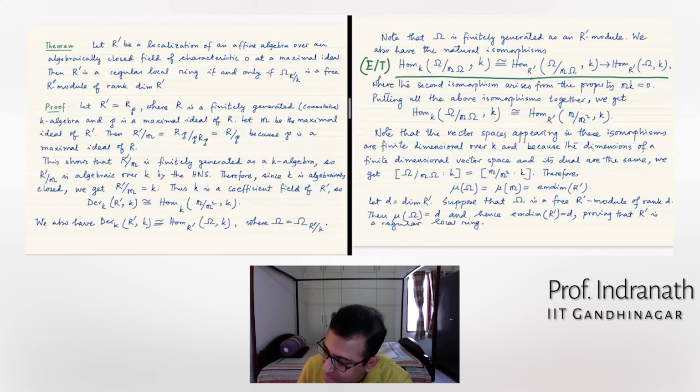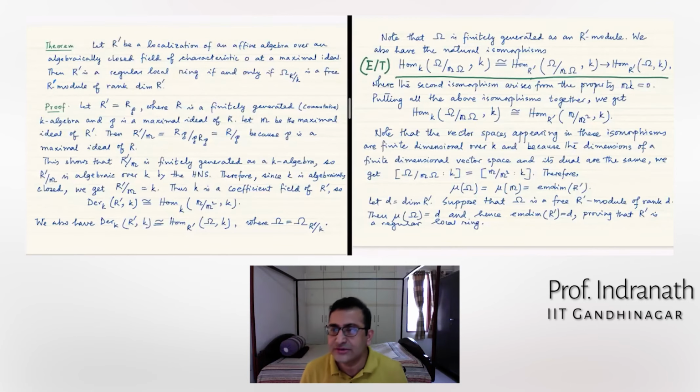This is the dual of this vector space over K, and this is the dual of this vector space over K, but both these are finite dimensional vector spaces and the dimension of their duals is the same as the dimension of the original vector space, and from that it follows. You know what this is? This is going to give you mu of M, and that is your embedding dimension by definition, and also you have mu of Omega. So if you know that Omega is free with the required rank, then you already have the regular local ring condition. This is how you prove one part.